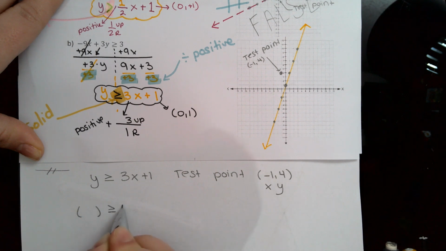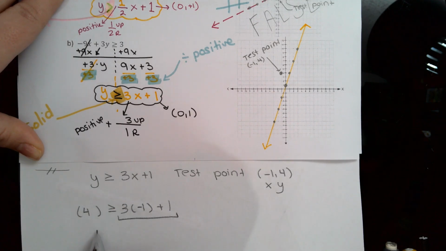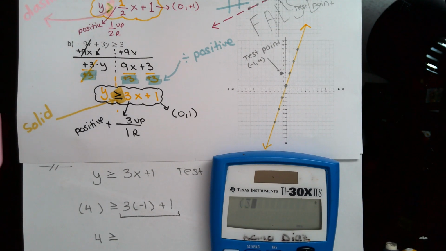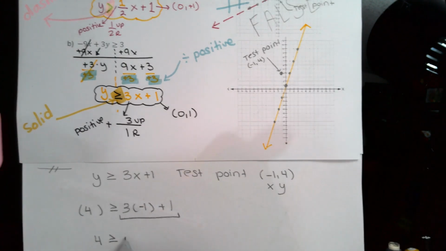Open up for y, open up for x, put in your y of 4, put in your x of -1. Type this into the calculator. Again, this is not going to be 0. It could be, not to say that it won't, but this is not like the other where we get to use zeros. 3, open -1, close it, plus 1, and I get -2.